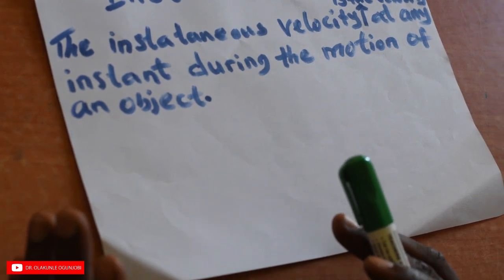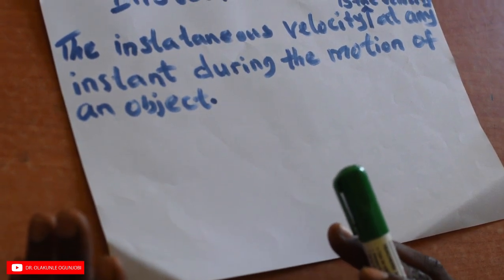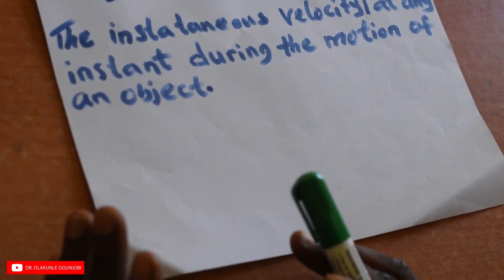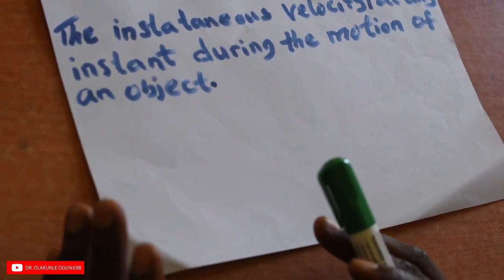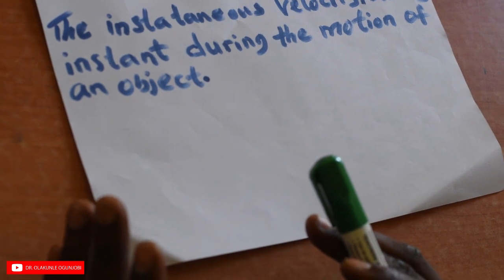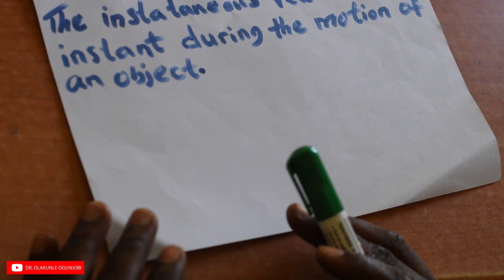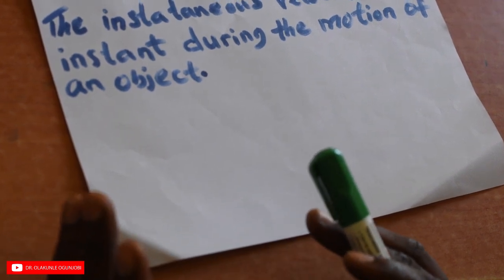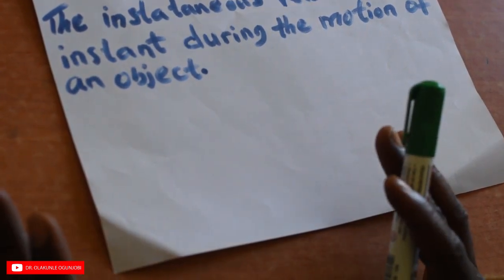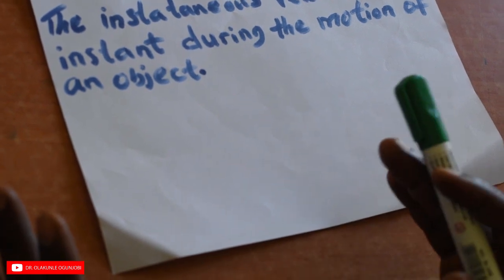As the time interval of our measurement gets smaller, the average velocity will approach the instantaneous velocity. In what follows, we will refer to instantaneous velocity simply as velocity in our subsequent courses.